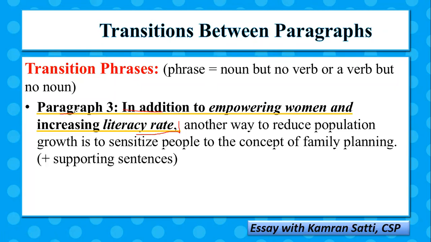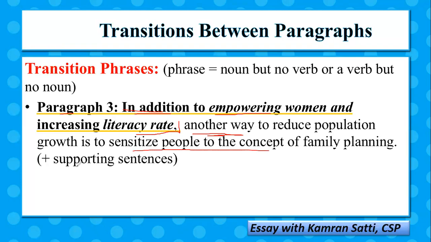Now how I have transitioned smoothly from paragraph 2 to 3 is that I have once again reiterated the points which I have already discussed in my essay: that in addition to empowering women and increasing literacy rate, another way, once again, is to reduce population growth. Another way to reduce population growth is to sensitize people to the concept of family planning.